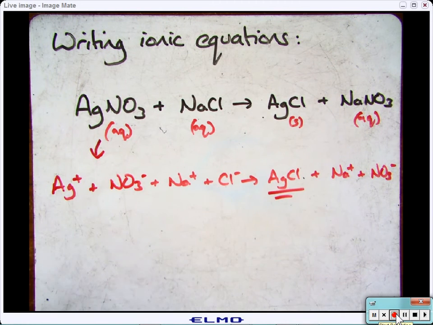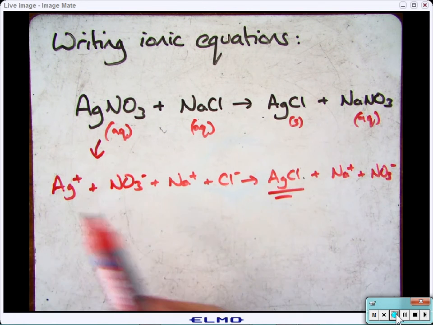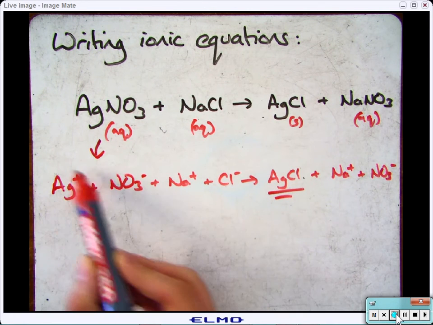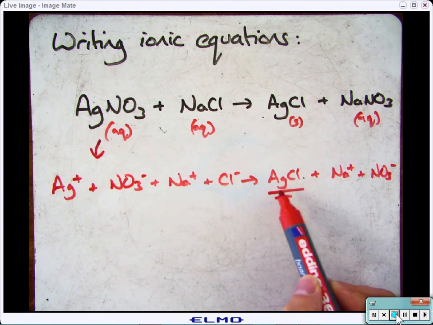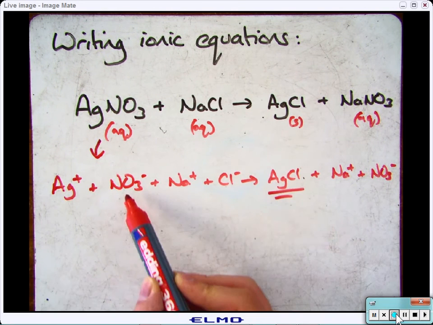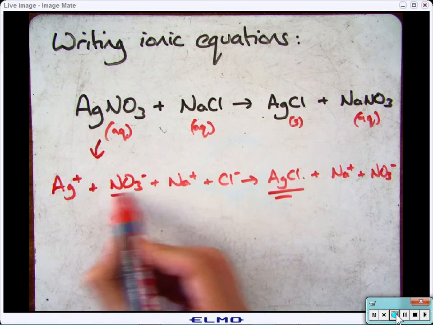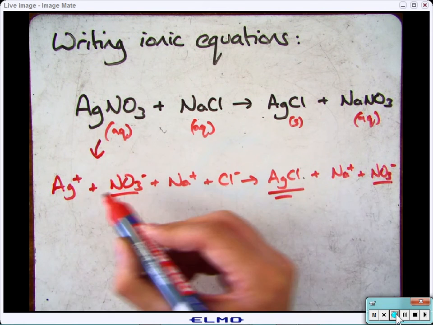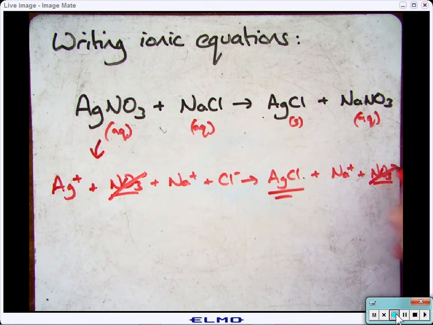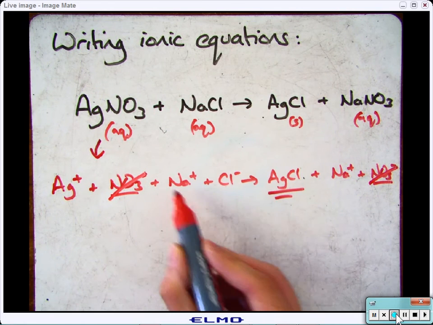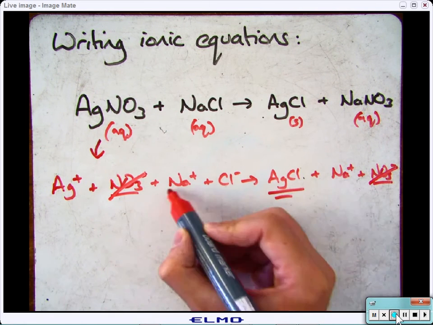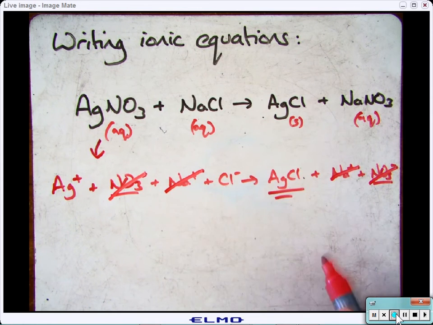Now, an ionic equation is showing anything where a change has occurred. Now if we have a look here, silver has gone from Ag plus into a compound of AgCl. The NO3 is the same before and afterwards, so we can rule that out, we can cross it out. Sodium, Na plus, so we cross that out.